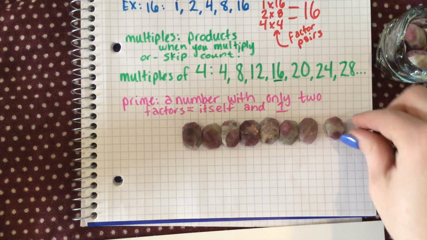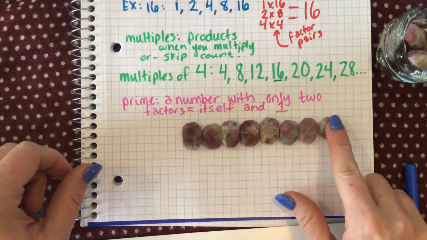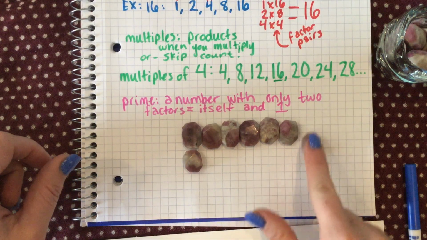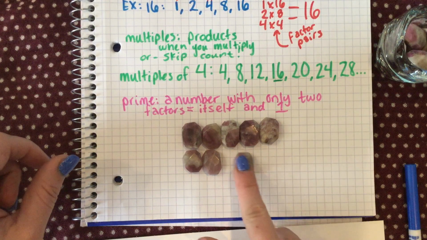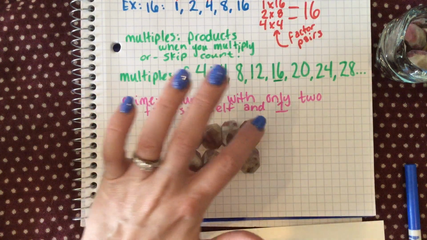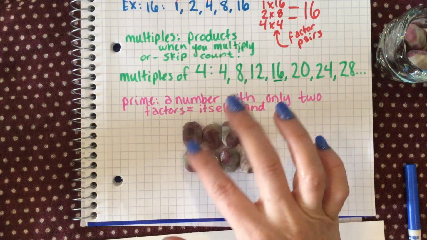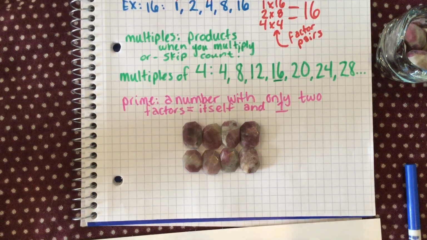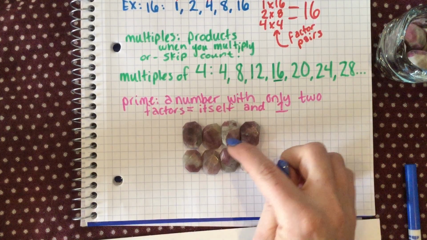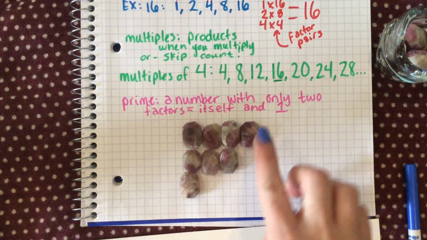But look, what happens if I add one more? Let's try to make another array out of this one. All right, so I'm just going to bring these down until it makes an array. Let's see. Oh, 1, 2, 3, 4. 1, 2, 3, 4. I've got 2 rows of 4. So that's one set of factor pairs for 8. Let's see if I can do 3.